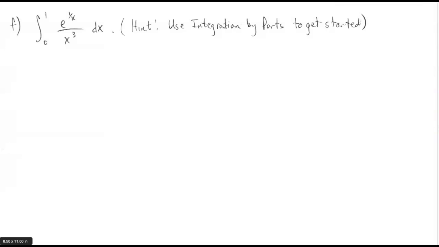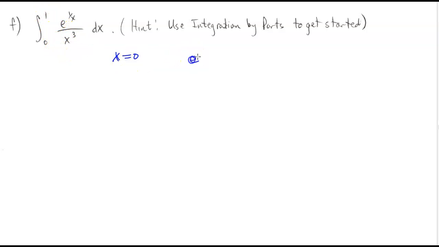Okay, so for our next example, notice that this is an improper integral because this function at x equals 0 has a discontinuity in it, because x equals 0 would make this whole entire integrand undefined.